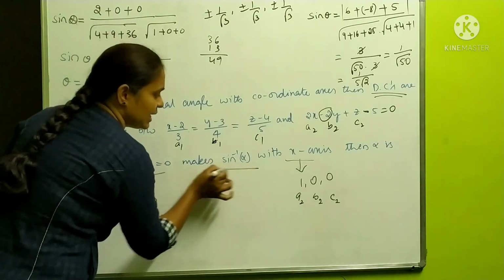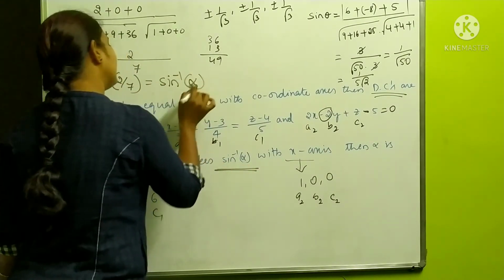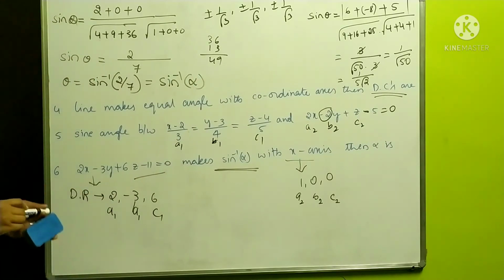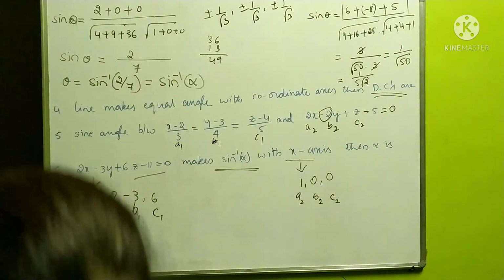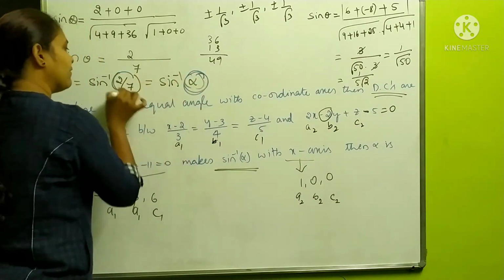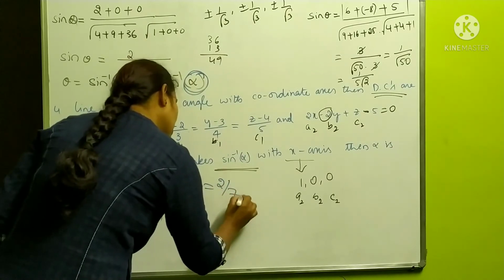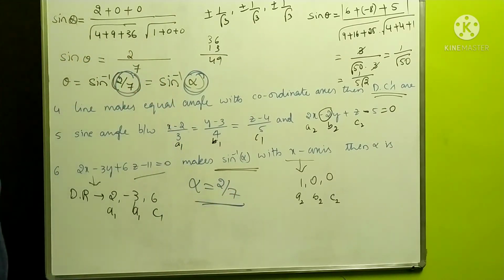They have given it as sine inverse alpha, so in place of alpha, definitely you have to write 2 by 7. So alpha is equal to 2 by 7 for us.